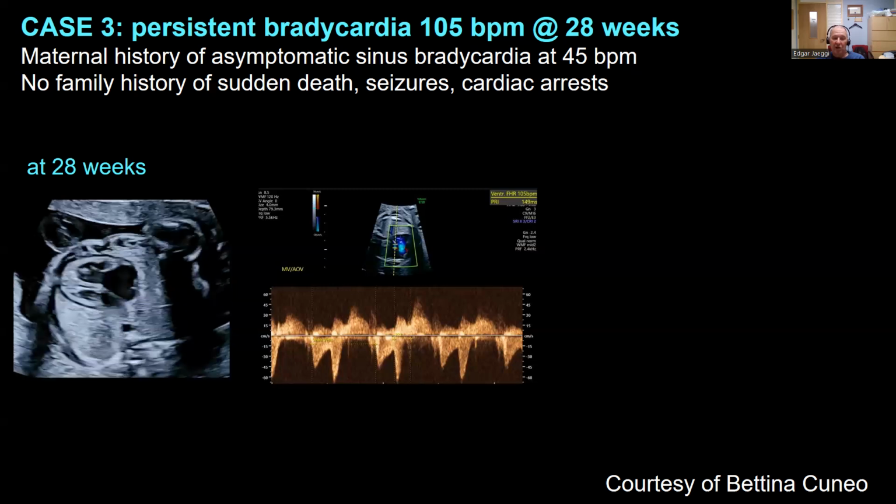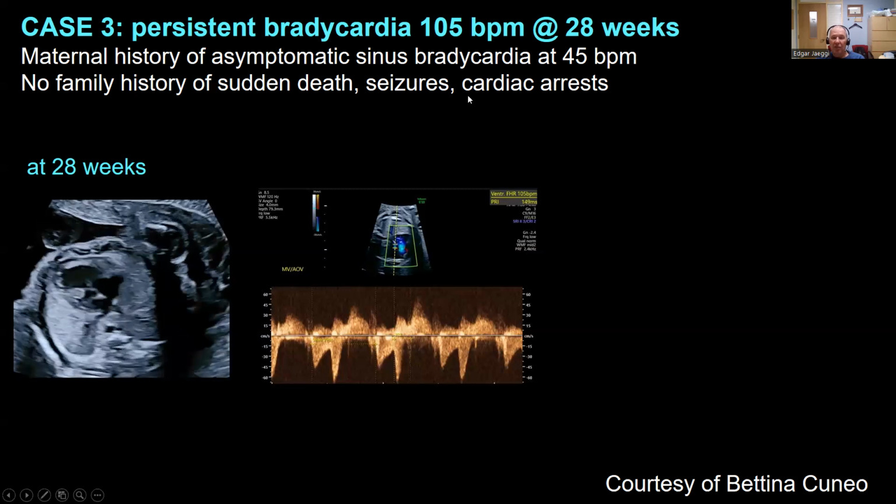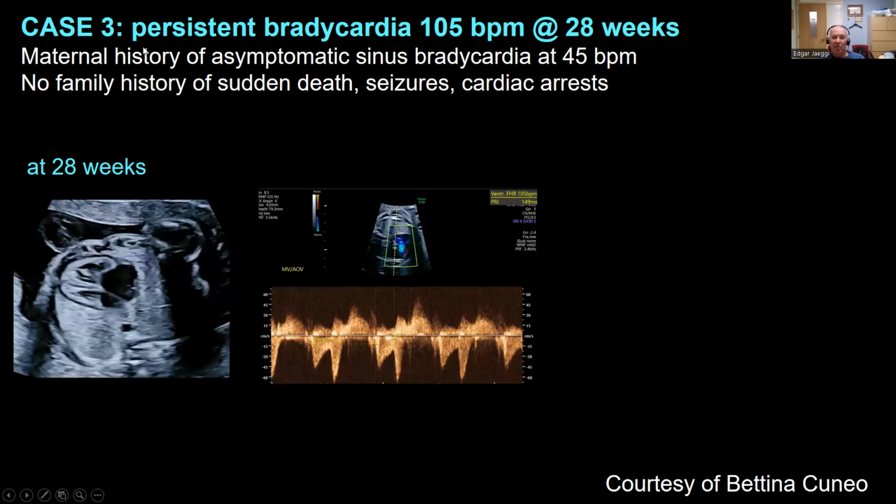As you can see, the heart rate is slow at about 105 beats per minute. And the mother has a history of asymptomatic sinus bradycardia of 45 with normal QTc. No family history of sudden death, seizures, or cardiac arrests.